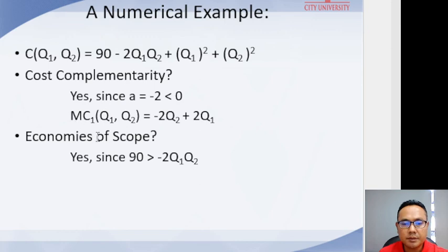So marginal cost for quantity 1 equals minus 2 quantity 2 plus 2 quantity 1. Economies of scope, yes, since 90 is bigger than minus 2 quantity 1 times quantity 2.